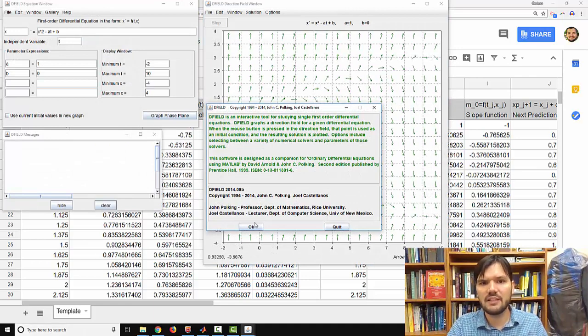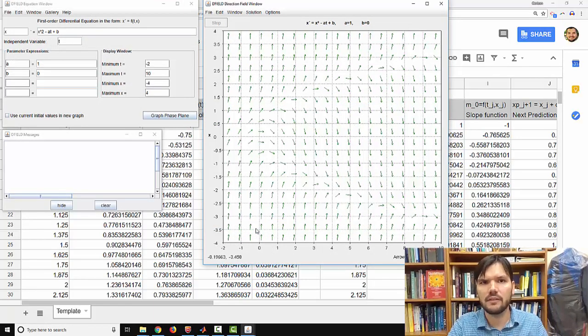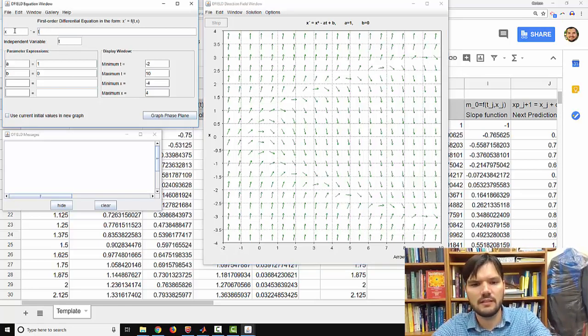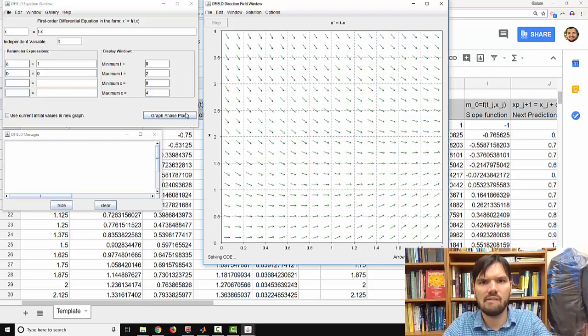Because this software is actually built off of numerical methods. So let's analyze it a little bit more. Let's take t minus x and graph from 0 to, let's say, 2, and x going from 0, I'm not sure how far we should go.